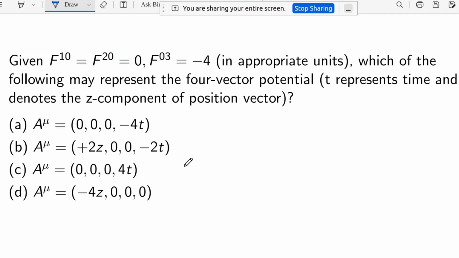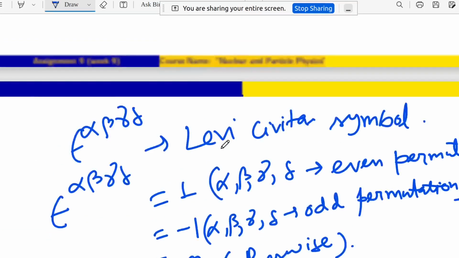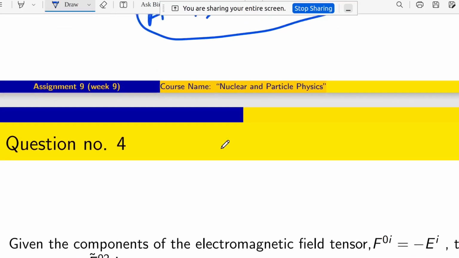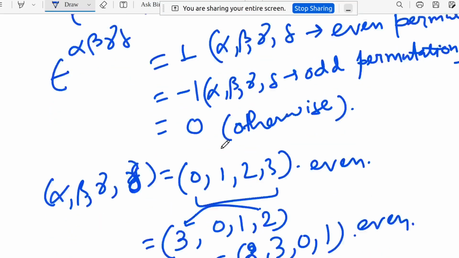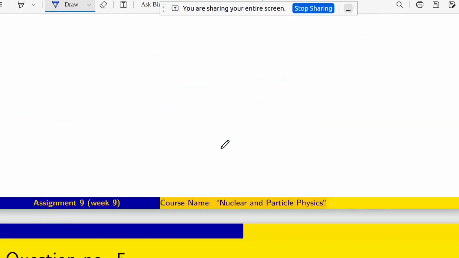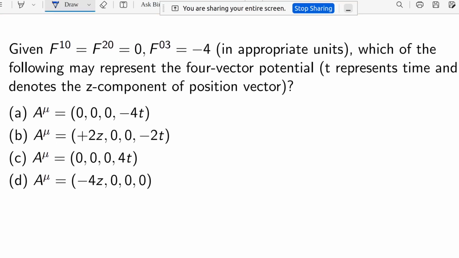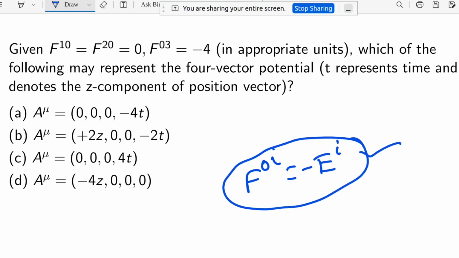In that question, from the previous question we have one piece of knowledge, that F0i is minus Ei, right? So we are going to use this expression here also. F0i equals minus Ei. It is already mentioned in the previous one.